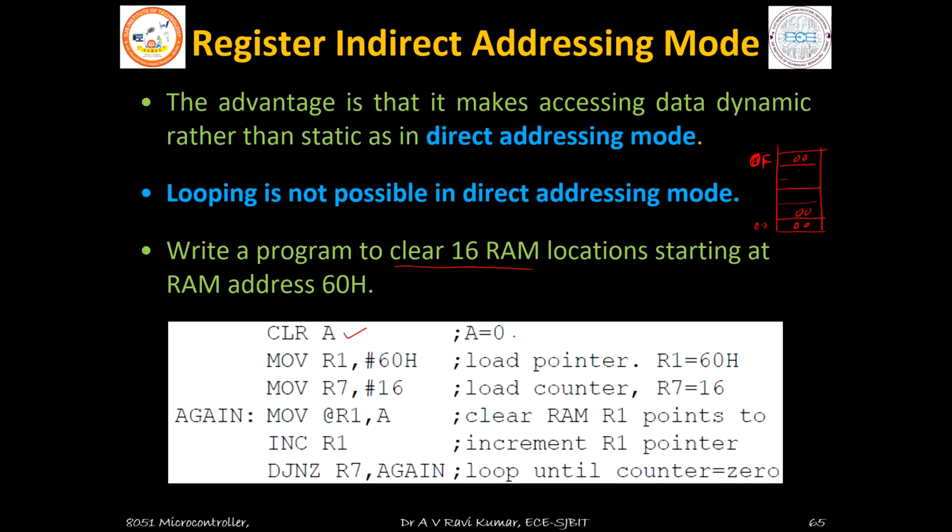Now the accumulator content becomes 0. Now I want to take the address where I want to point, the RAM address from 60H to 6FH, 16 RAM locations. So I start with the address 60 pointed into R1.